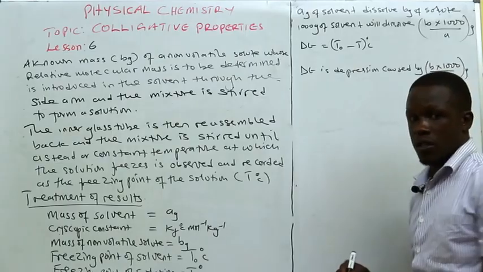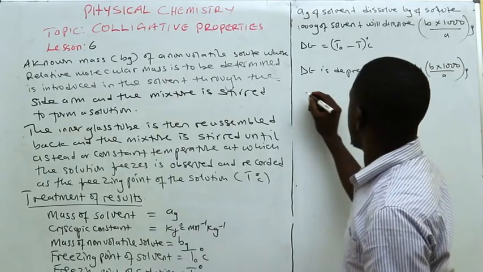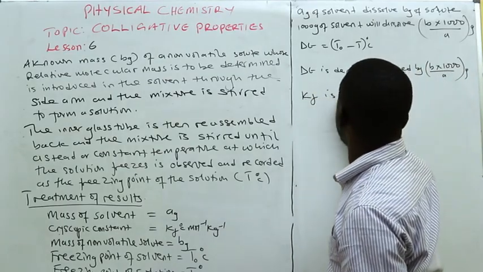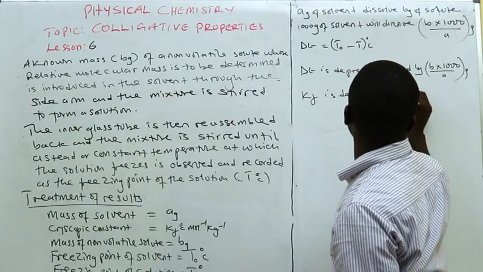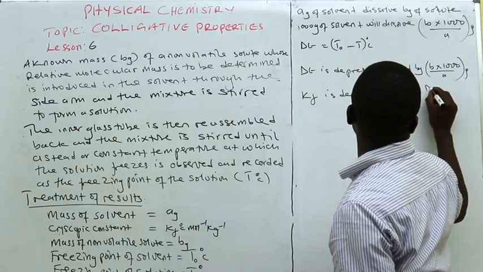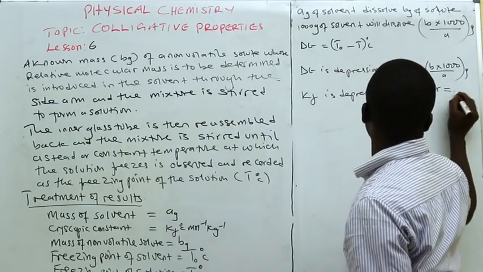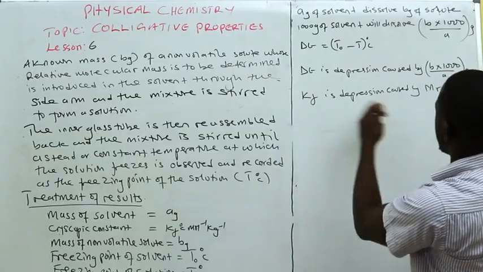So the question is, what about Kf? Kf is depression caused by 1 mole, which is molecular mass, and will be given by, so we cross multiply.